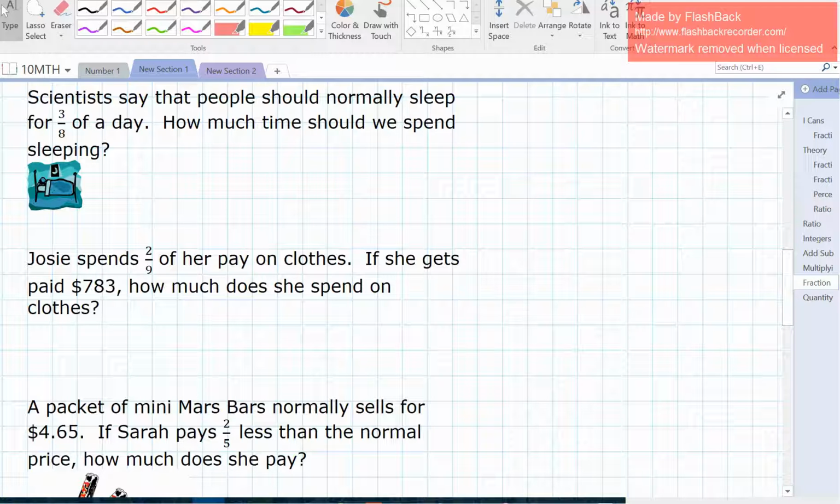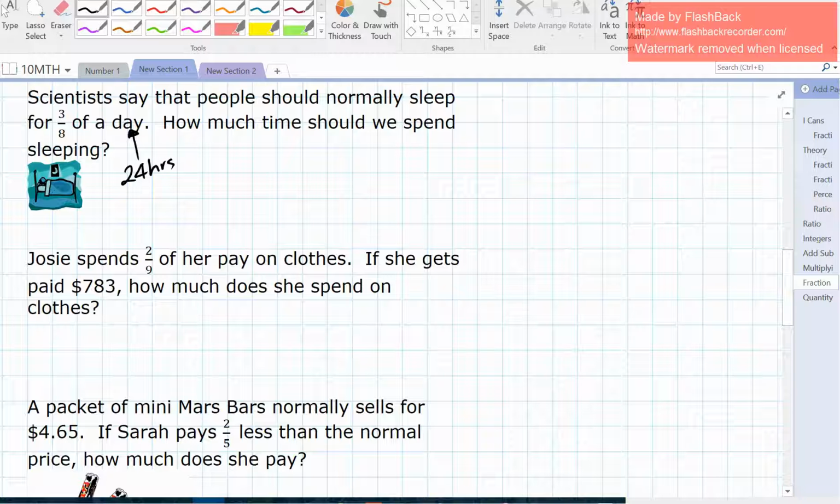This first problem. Scientists say that people should normally sleep for 3/8 of a day. How much time should we spend sleeping? So we haven't been given the actual quantity, but we do know that there are 24 hours in a day.